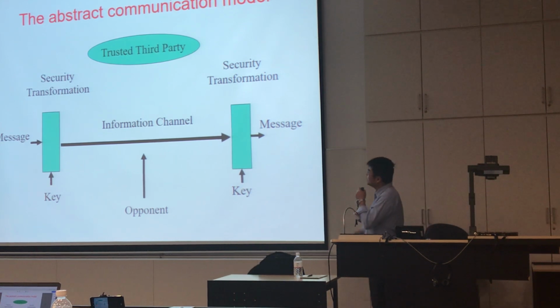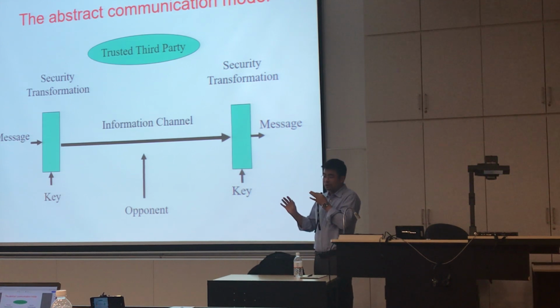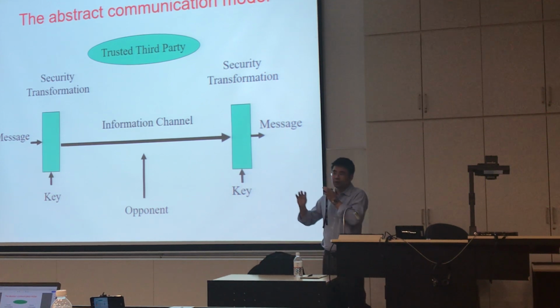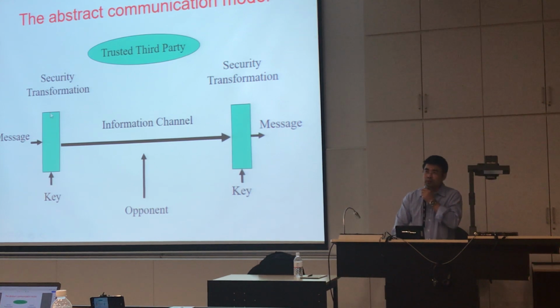We will look at why we need such an entity in the model. Because sometimes, without this trusted third party, the two parties basically cannot perform the negotiation or handshake in order to allow the security transformation. Why?